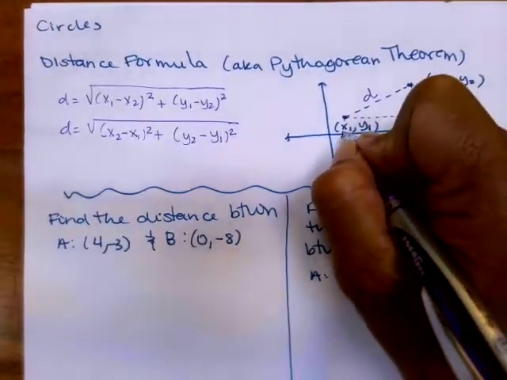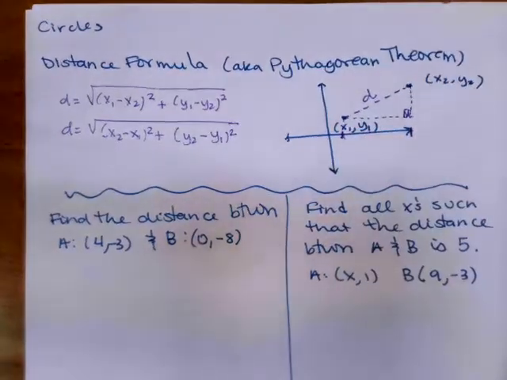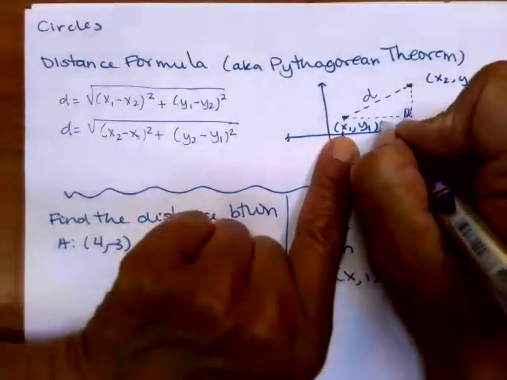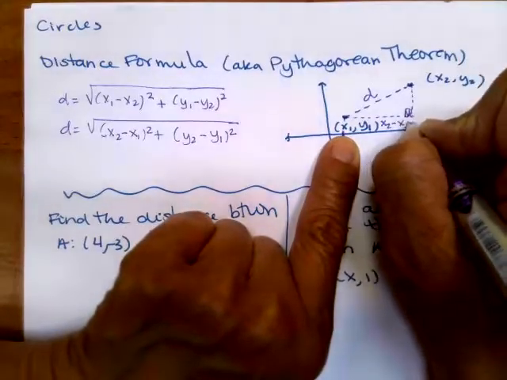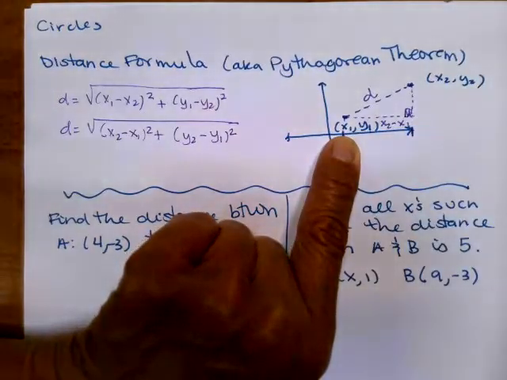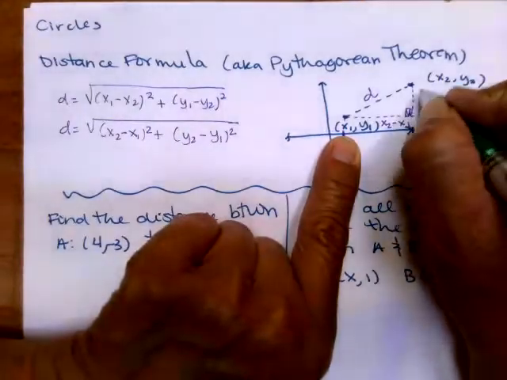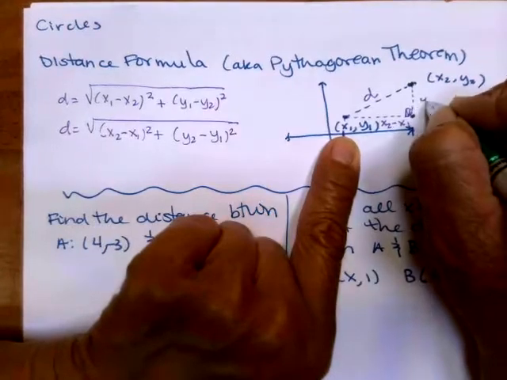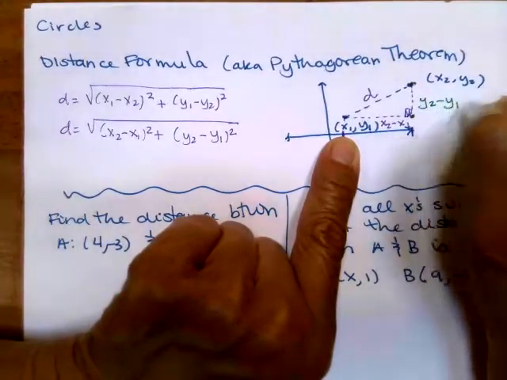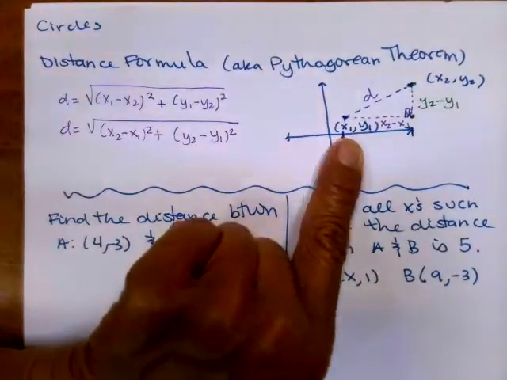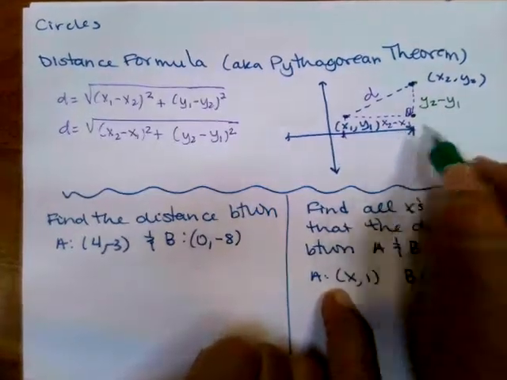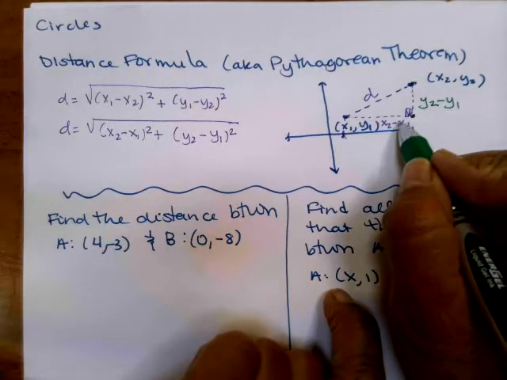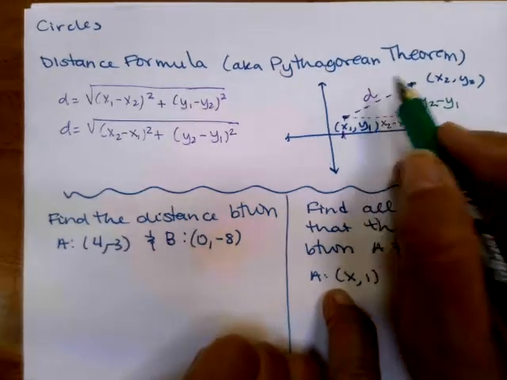So this distance here along the x-axis is the difference between my two x values. So this length here is x sub 2 minus x sub 1. And up here, there's a vertical distance, right? The value here is y sub 2, the value here is y sub 1, so that is y sub 2 minus y sub 1. And the Pythagorean theorem says if you square the lengths of the sides of a triangle and add them, you get the square of the hypotenuse.